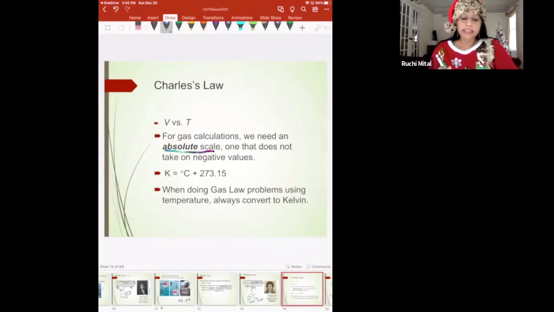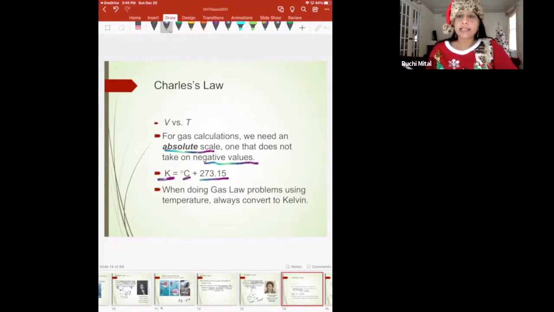Okay, what that means is that we cannot have a negative value, because if we have a gas that is lower than 0 degrees Celsius, in Celsius the temperature will be minus 10 degrees Celsius. Now you cannot have a negative volume or a negative pressure. So it is important that we always use a Kelvin scale. So if you know the degrees Celsius, add 273.15, and you will get the temperature in Kelvin.